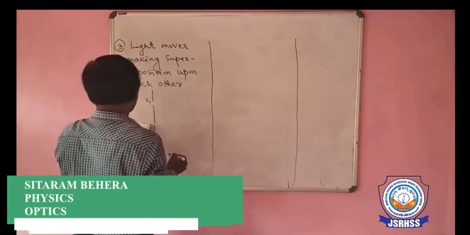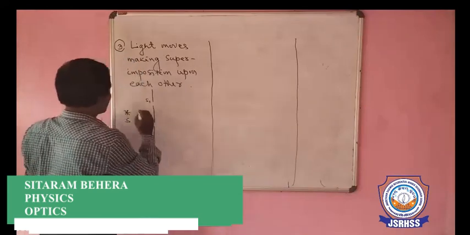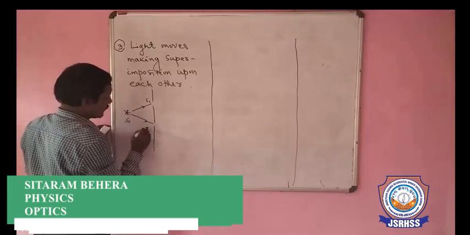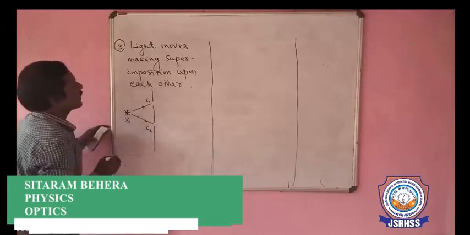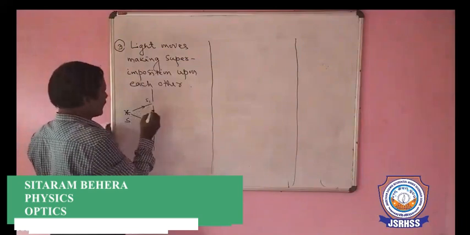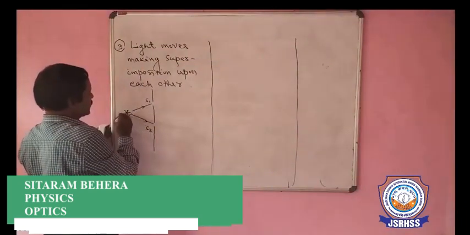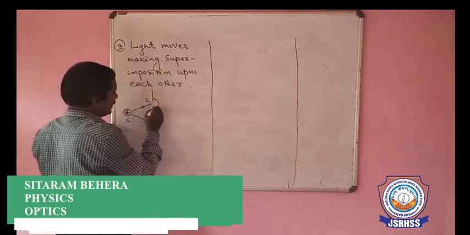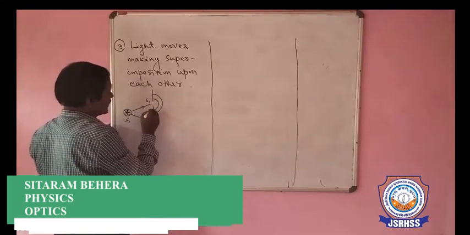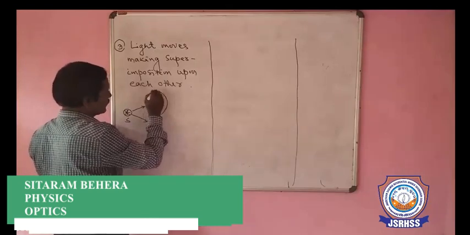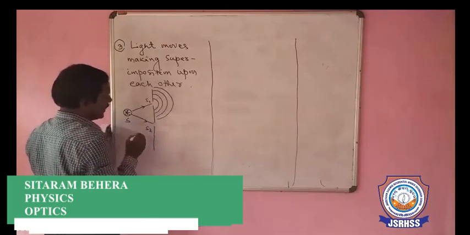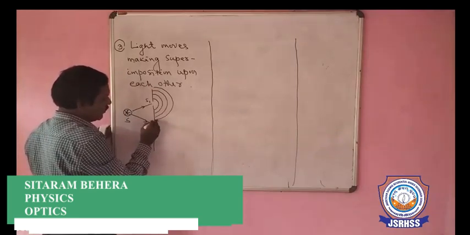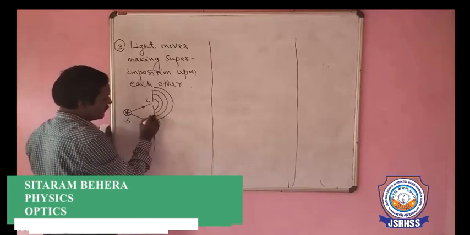So according to scientist Huygens, light moves making circular arcs. When light from the source S will fall upon the two slits S1 and S2, it will move making circular arcs. Similarly, the light coming out of the slit S2 will move making circular arcs.